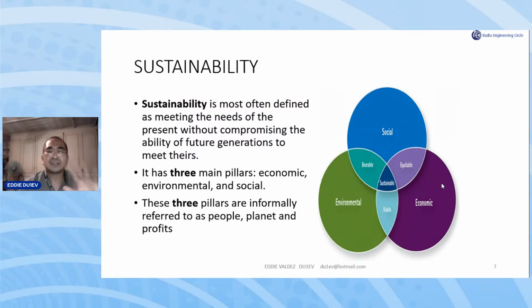There are three pillars informally referred to as people, planet, and profits. We're interested in one pillar, which is people, because amateurs are people, and as ham radio operators, we want to ensure that our hobby is sustainable.